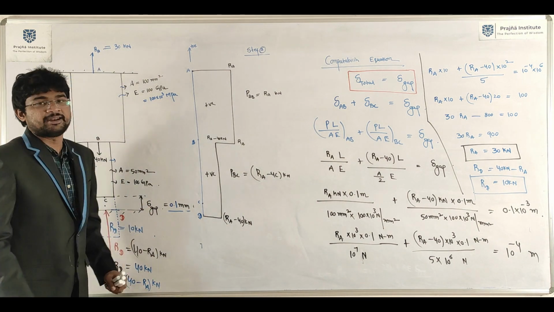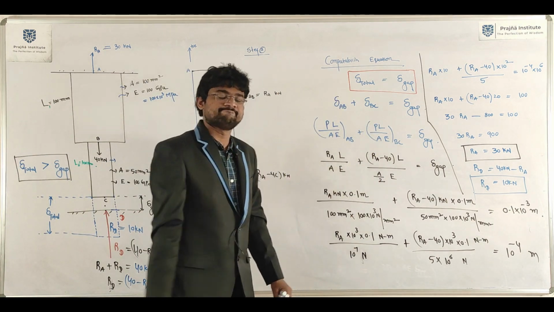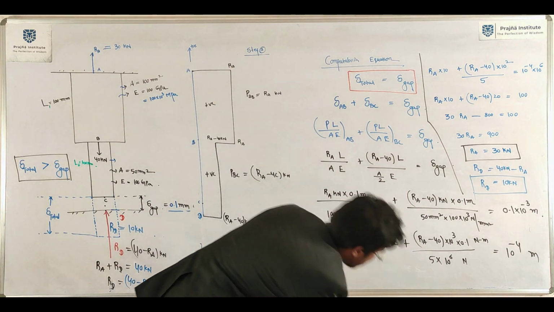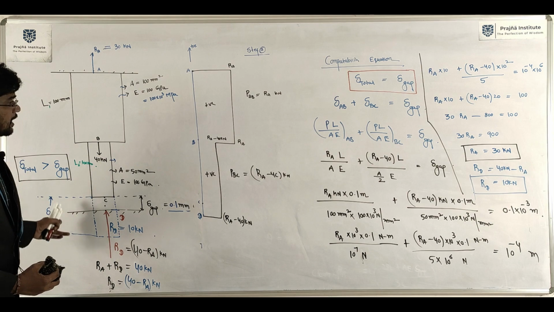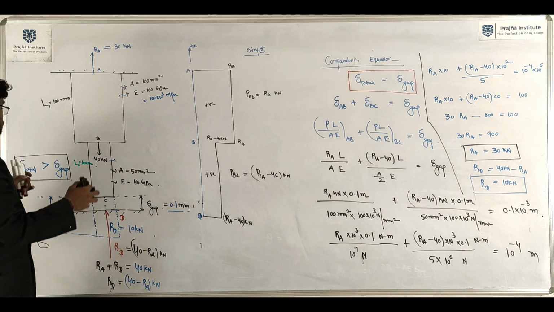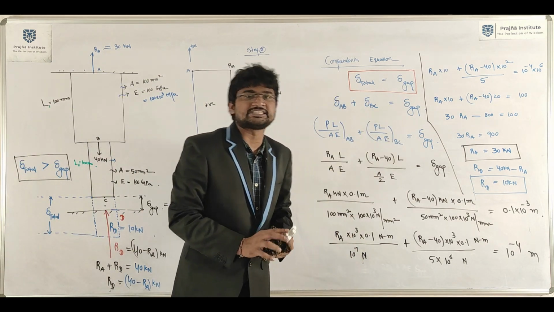When delta gap is given, the deformation is allowed up to delta gap. That's it, it's very simple. We already solved this kind of problems in statically indeterminate compound bar. So the same procedure we need to follow, only the compatibility equation changes.